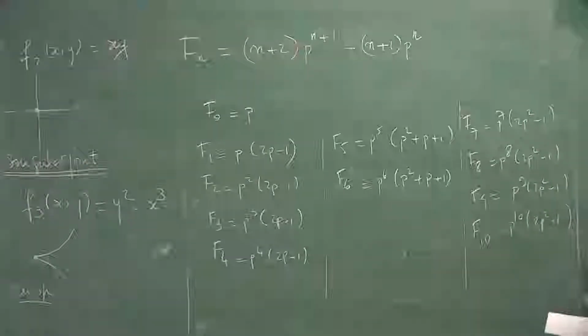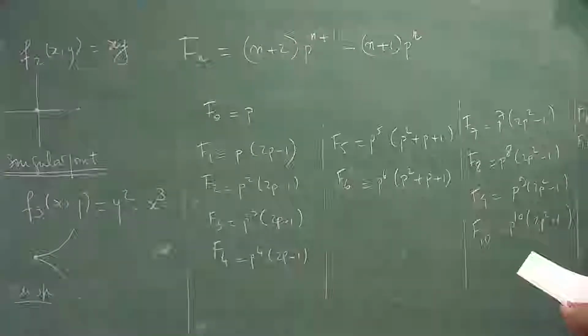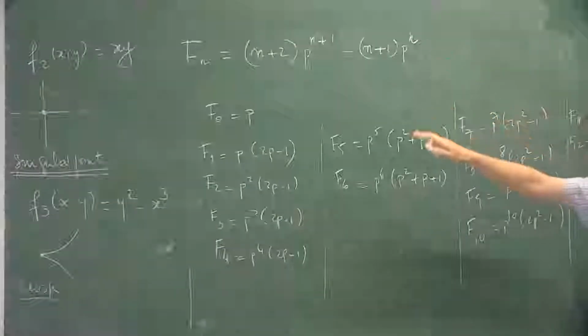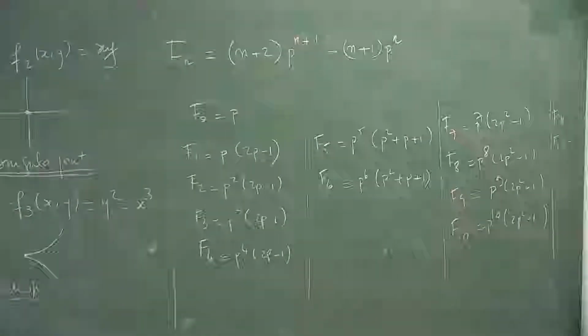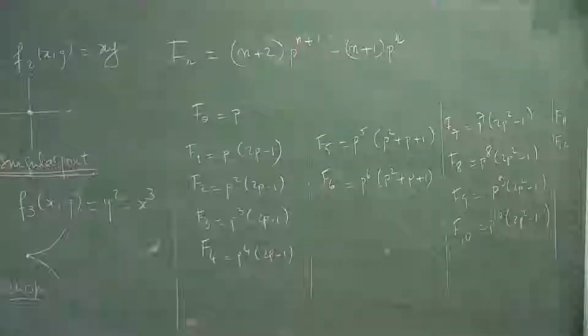And then you have also F11, F12, which are different. So you see, you don't have a formula like this, but you can observe a kind of harmony in the result.